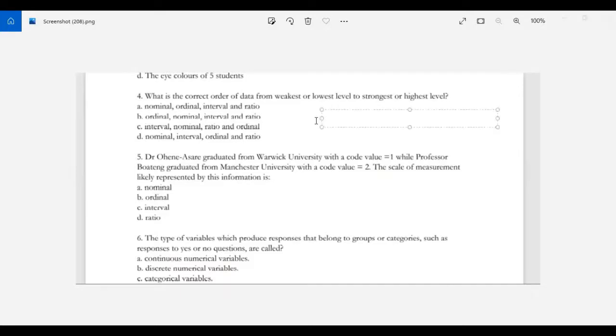I gave you this: NOIR. So this one is from lowest to highest.